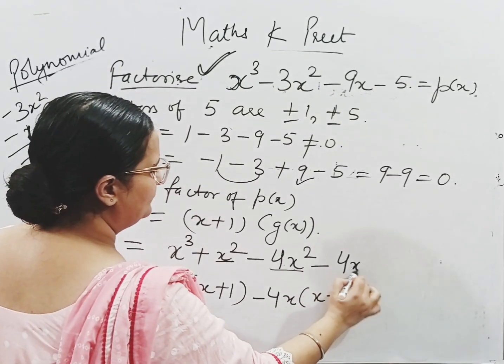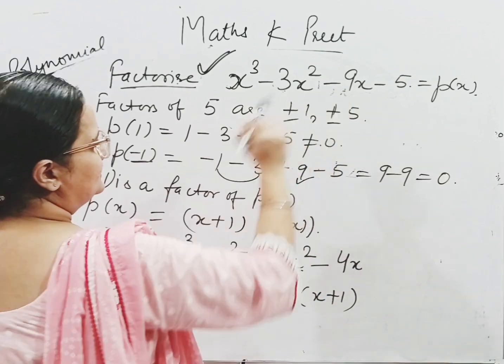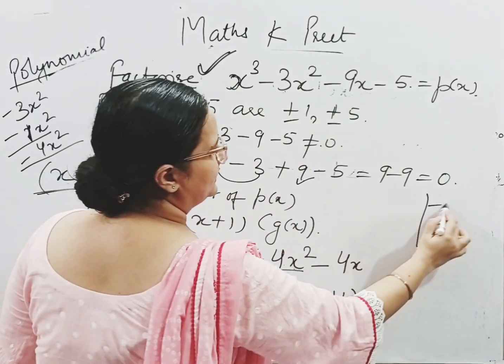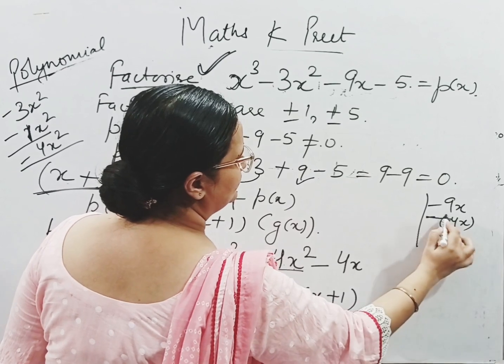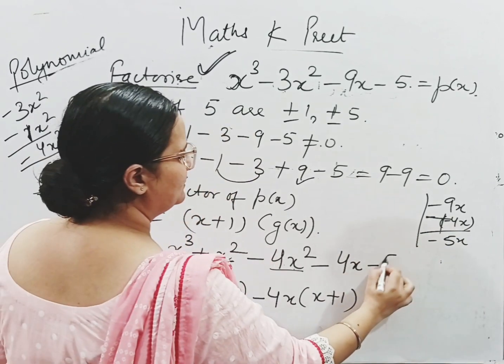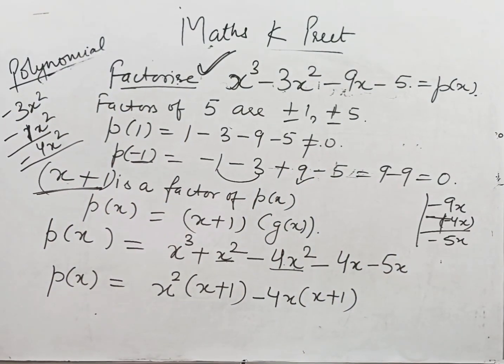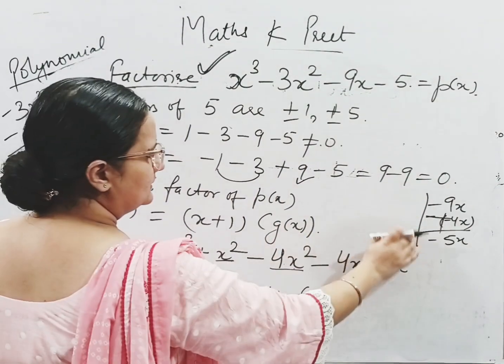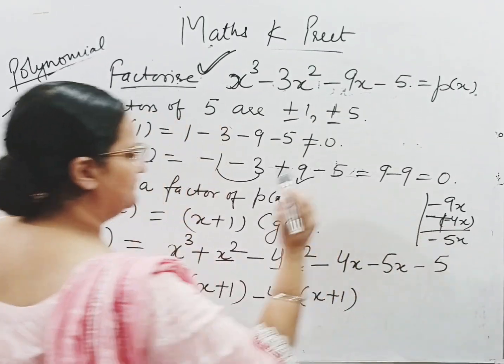So I will write minus 4x here, and this is minus 9x. So I will subtract minus 9x, minus 4x. So this is positive 4x. So it will give me minus 5x. Students can write directly, but for the students who are not getting it, I am explaining this step. Minus 5x. The last term is minus 5.